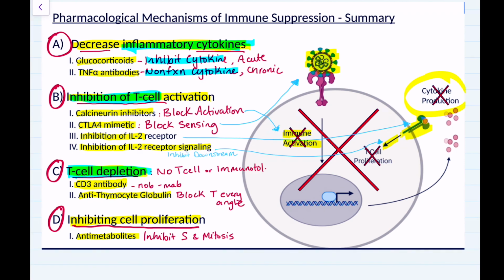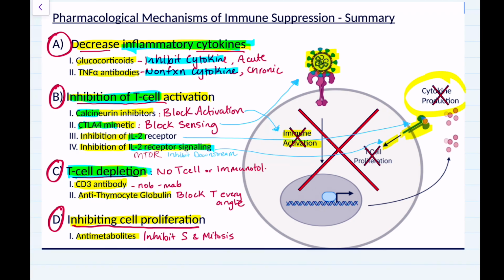So in inhibition of T cell, we had the calcineurin, that's calcium dependent, blocks the activation. We have the CTLA4 mimetics, that basically block the second signal, CD80. It binds to CD80 and basically blocks sensing. Then we have either inhibition of the IL-2 receptor, where we block the receptor and we don't get the downstream signal, or we block the mTOR pathway.